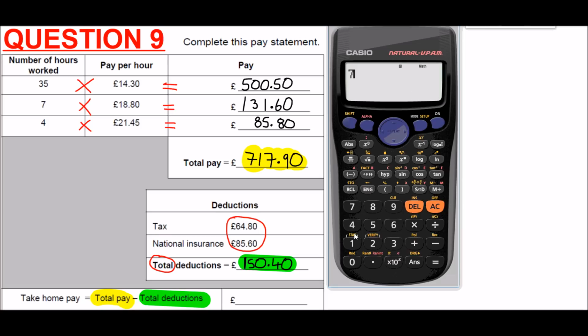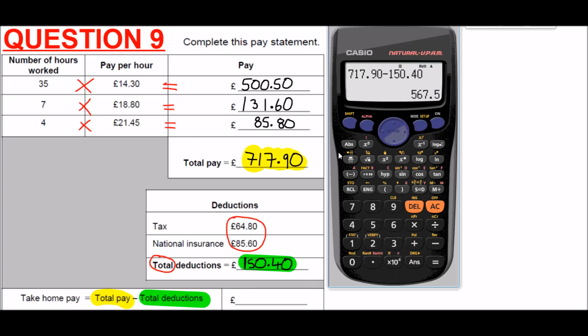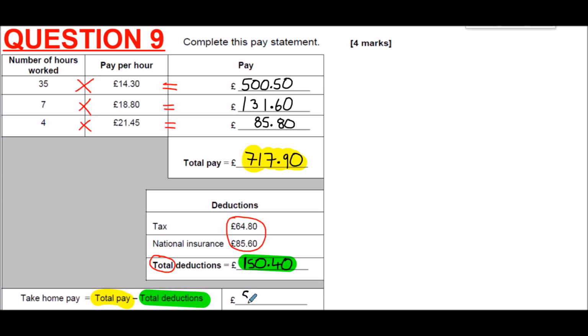And so £717.90 take away £150.40 gives us a total take-home pay of £567.50. There you go, 567.50. And that's question 9 done.